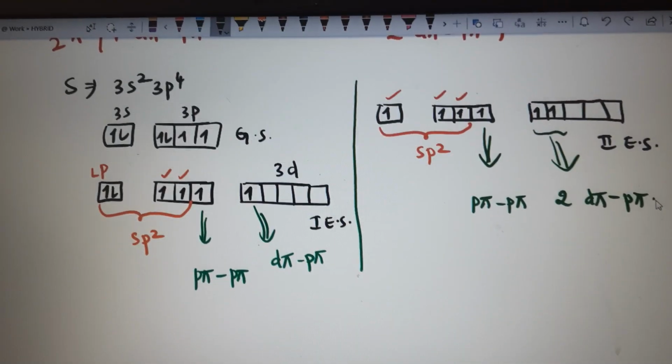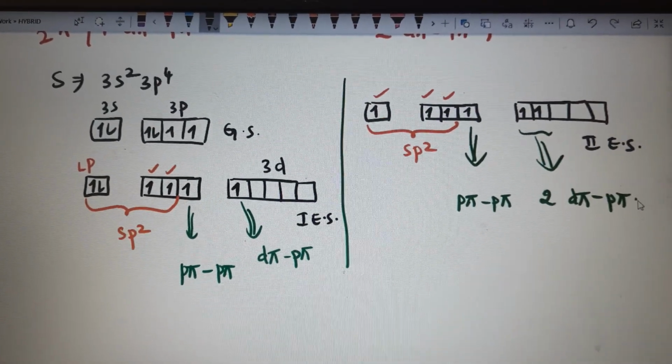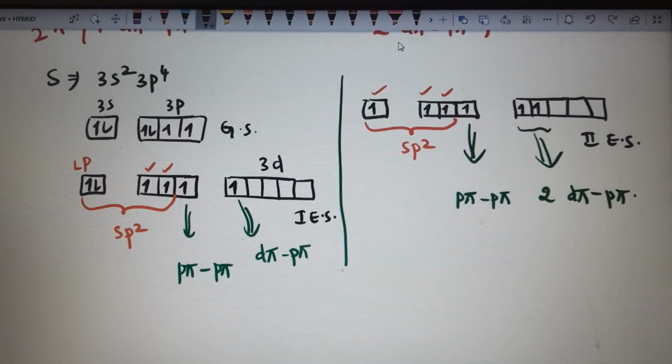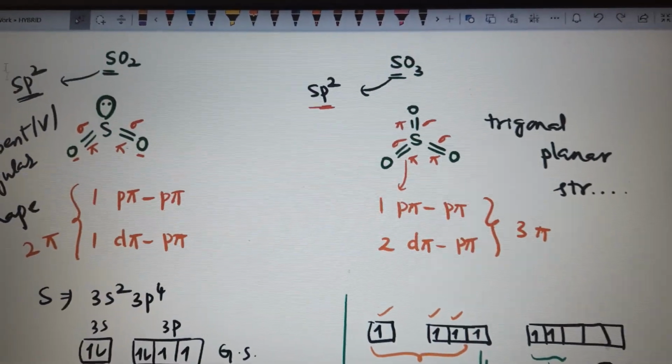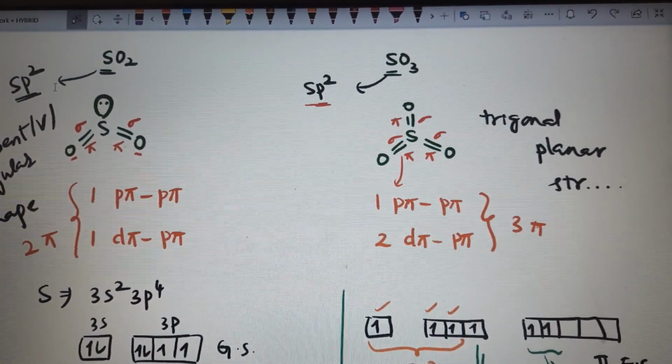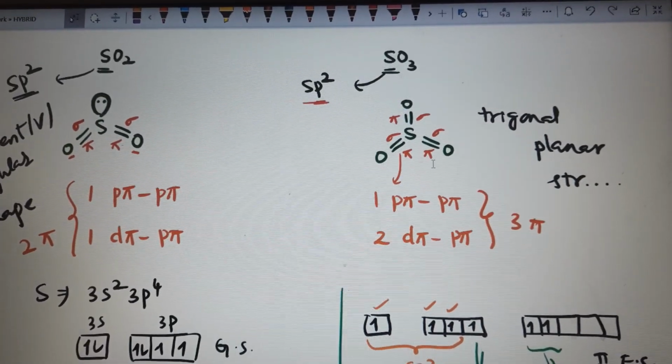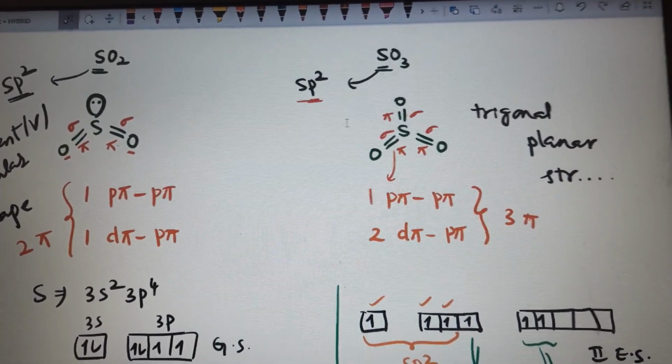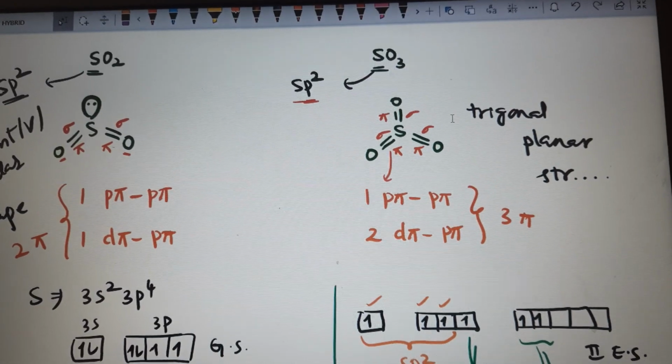In this way you can identify dπ-pπ bonds. Simple way: sp2 means one other p orbital, so one pπ, and the other two pi bonds are dπ-pπ.